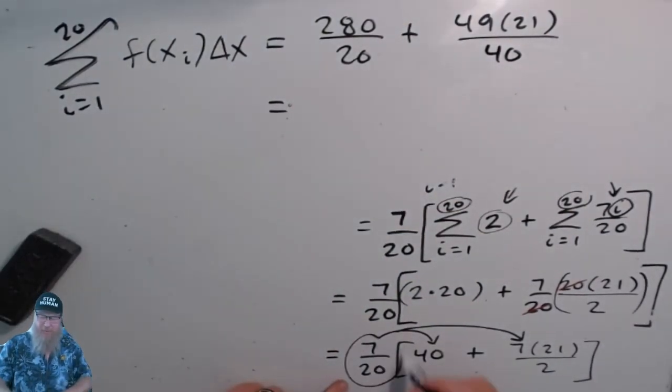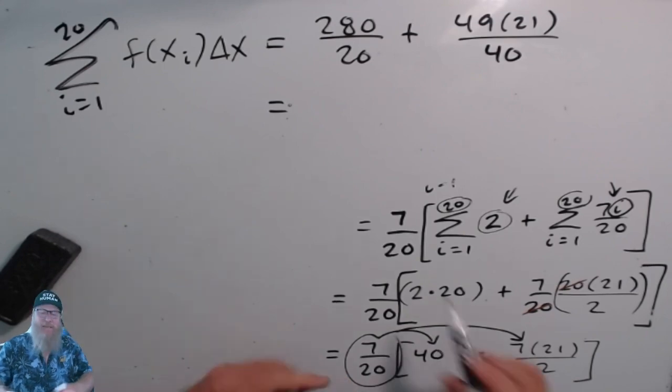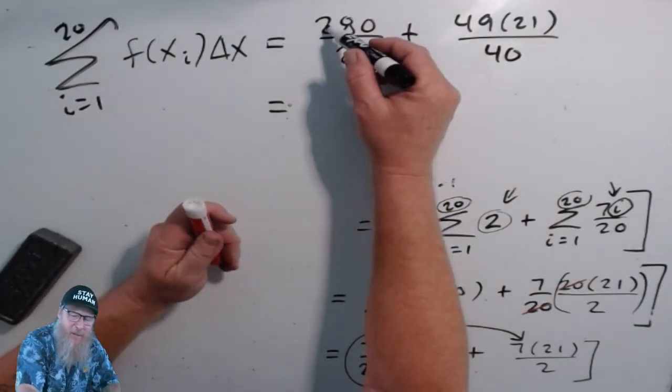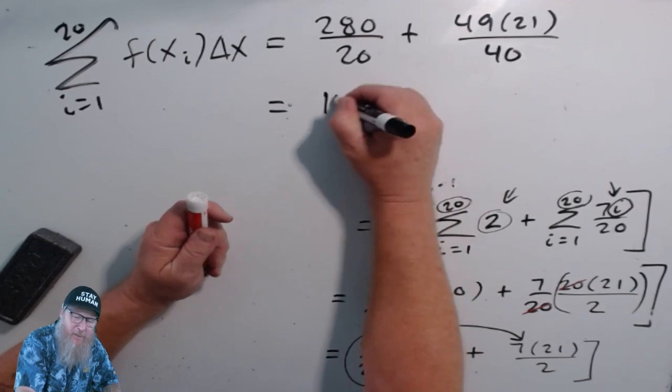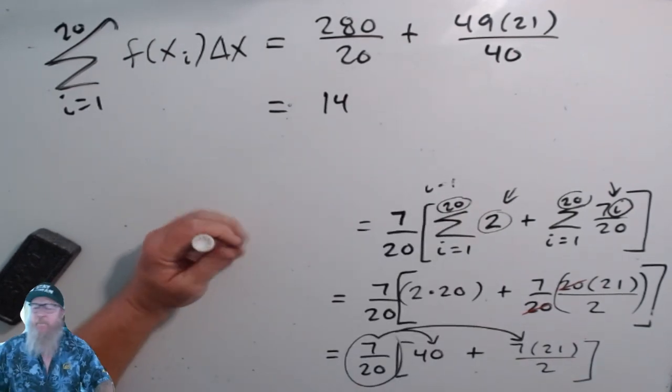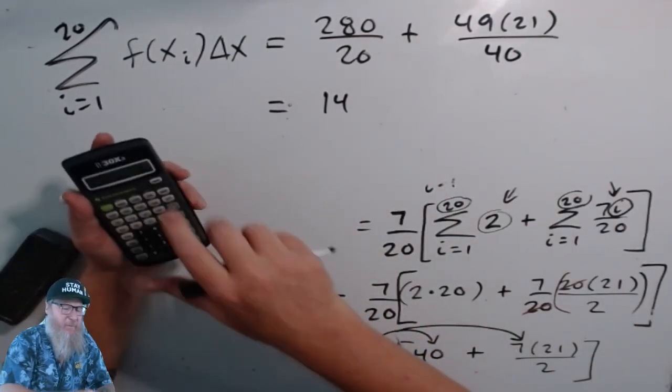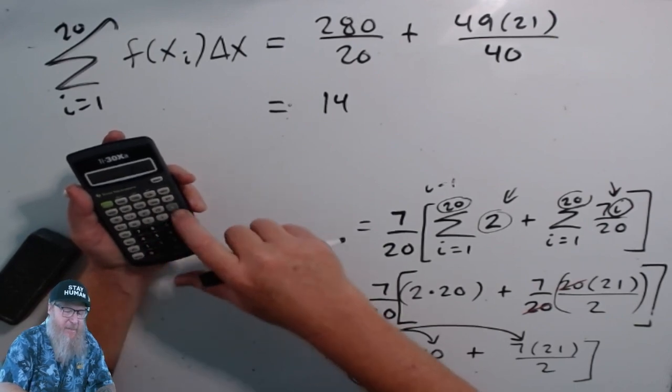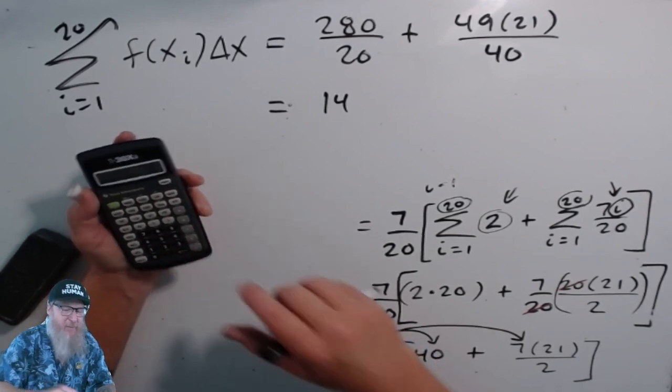So again, I'm just distributing the 7 over 20 here. I probably could have canceled some things, but I didn't. I'll just do it now. 280 divided by 20 is 14. I almost said 140, but 280 divided by 20 is 14.